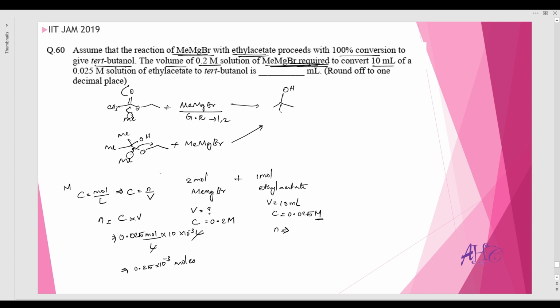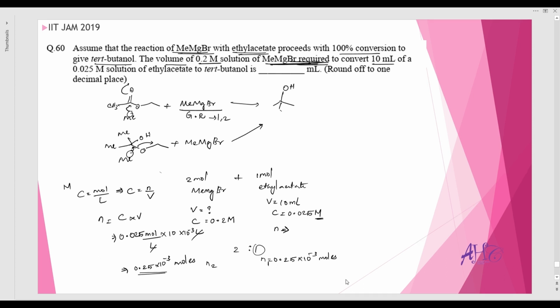Okay? So now the number of moles for ethyl acetate has been found. So this much ethyl acetate is reacting. So what do we know? What is the ratio? For 1 mole of ethyl acetate, 2 moles of methyl magnesium bromide are required. So this is literally in the 2:1 ratio. So here, if n is going to be 0.25 into 10 power minus 3 moles, then what will be in your methyl magnesium bromide? The n value is going to be double. So let's say if this is n1, your n2 for methyl magnesium bromide will be 2 times your n1.